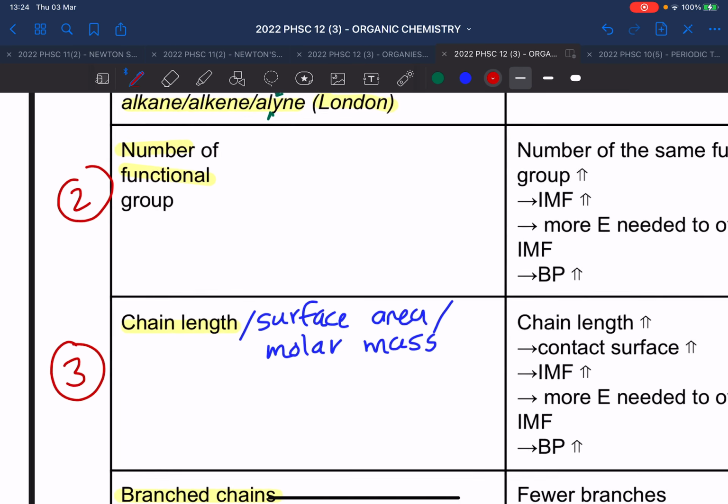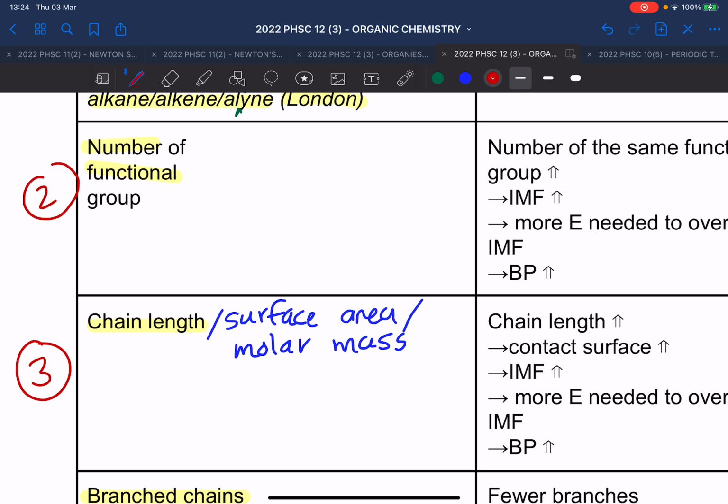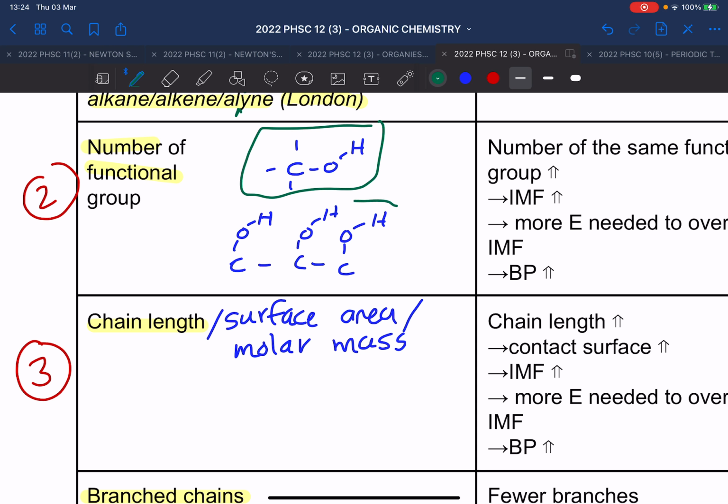The next one is the number of functional groups. Okay, let's say we compare methanol with this one. So we compare that one with that one.